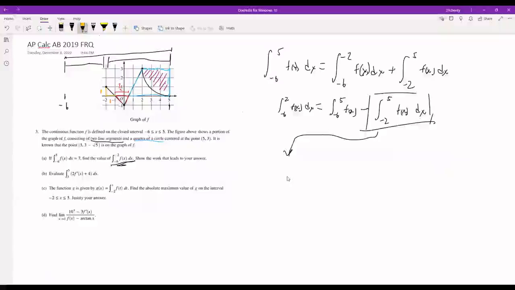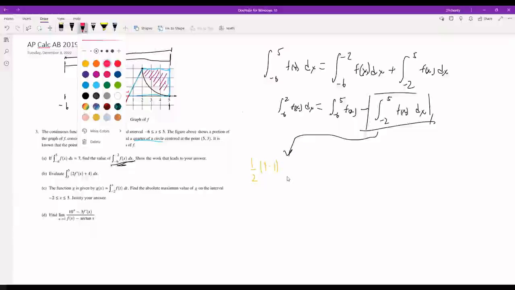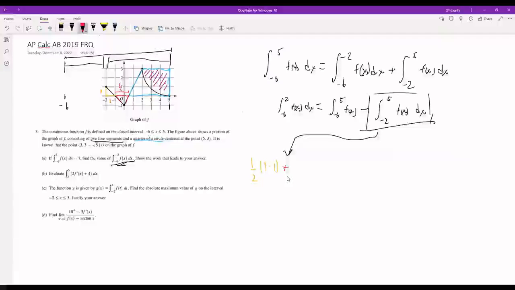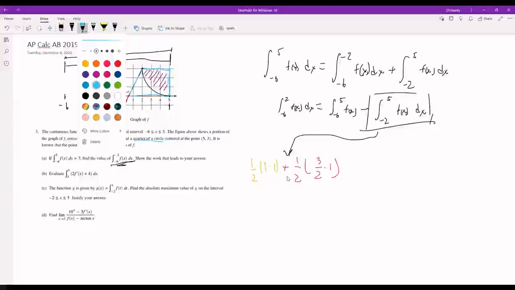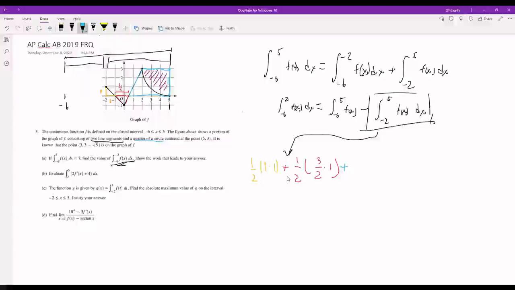So this equals the yellow triangle, which is 1/2 times 1 times 1, plus the red triangle, which is 1/2 times 3/2 times 1, plus the blue area, which is the trapezoid, 1/2 base 1 times base 2.